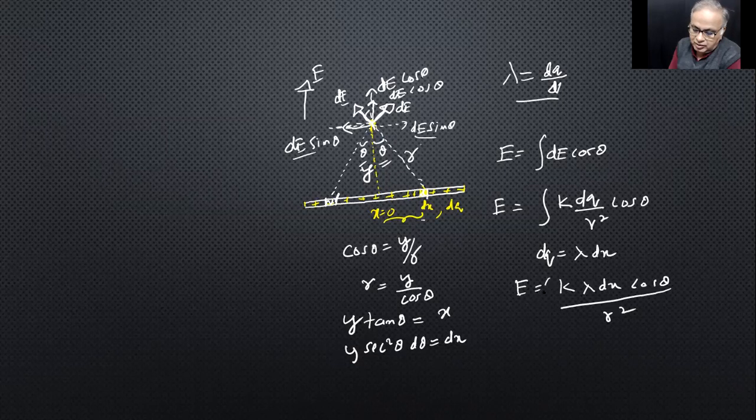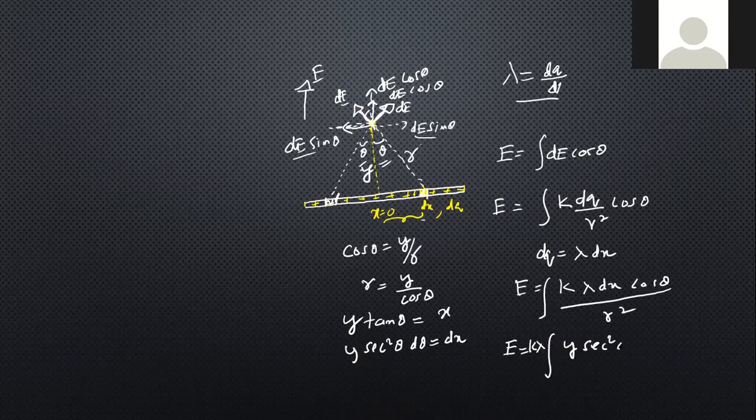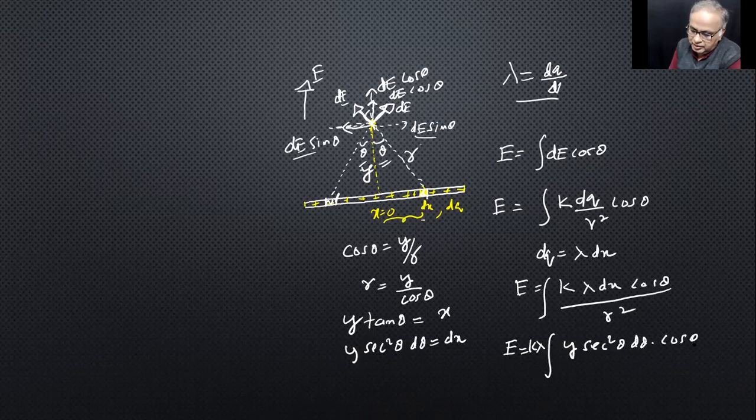Now all that let me substitute here. K lambda will come out. dx is how much? y secant square theta d theta. There's a cos theta here already, by r square, y square by cos square theta, which is secant square theta in the denominator itself.